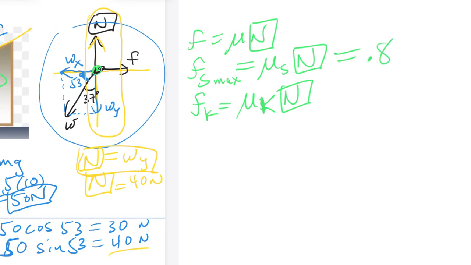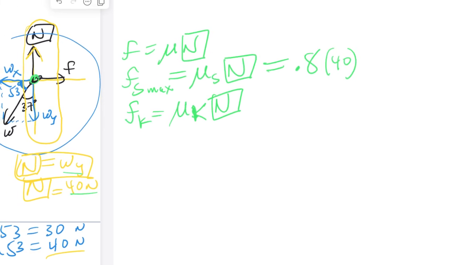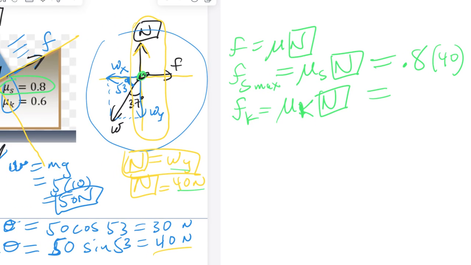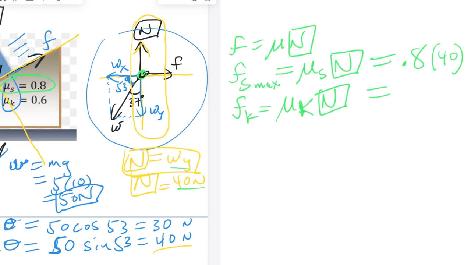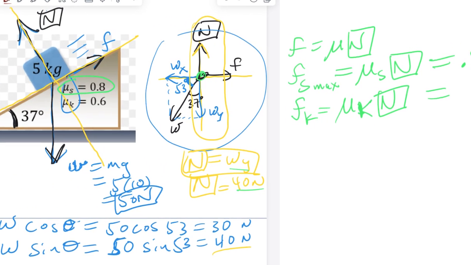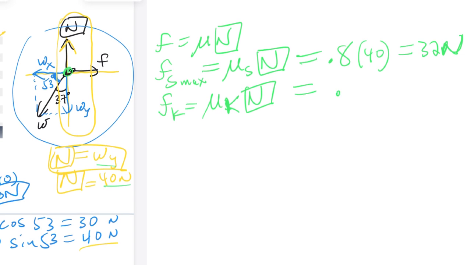Normal force is 40, so that's going to come out to 32 newtons. And then mu k is 0.6, so 0.6 times 40. That's going to come out to 24 newtons.